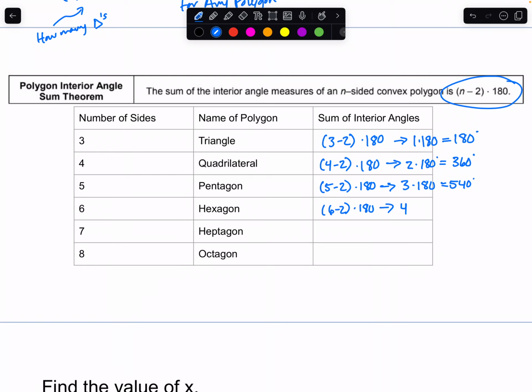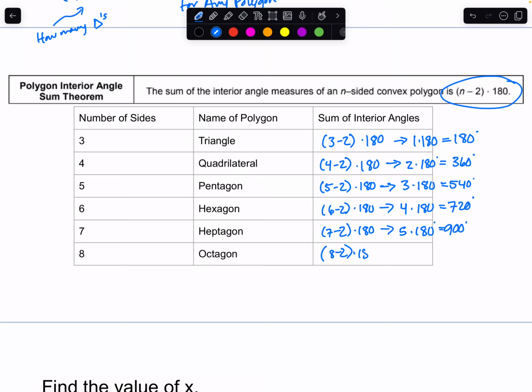That gives me 4 triangles. So 4 times 180 is 720 degrees. A heptagon, 7 minus 2, gives me a total of 5 triangles. So 5 times 180 each is 900 degrees. And I can really go on forever, right?